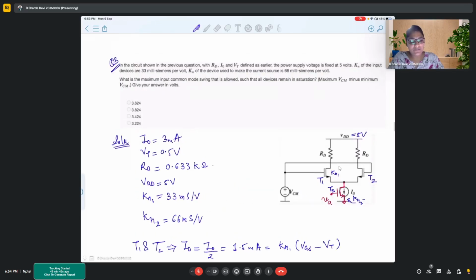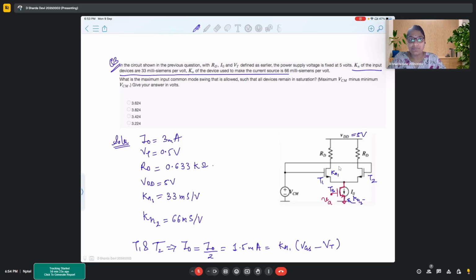That is what I mentioned in the question. The Kn of the input device is 33 millisiemens per volt, whereas the Kn of the device used to make the current source is 66. So it was clear from the question that the current source is not an ideal current source, rather it is a MOS device with the given Kn, that is 66 millisiemens. Is this clear?